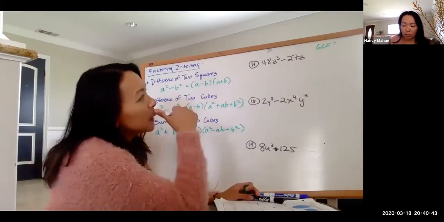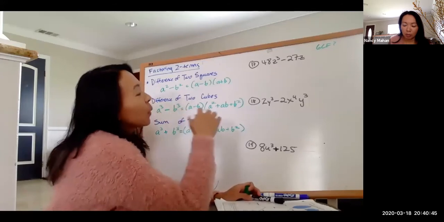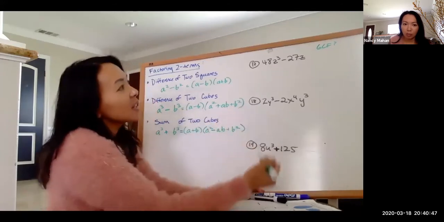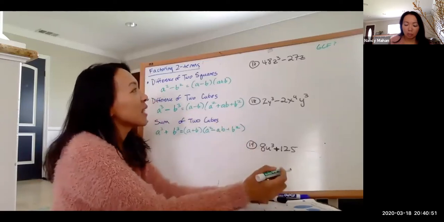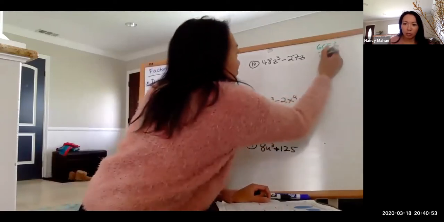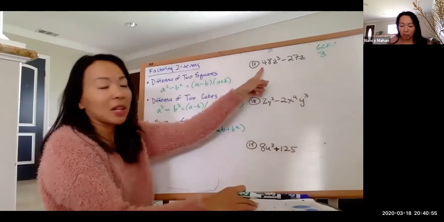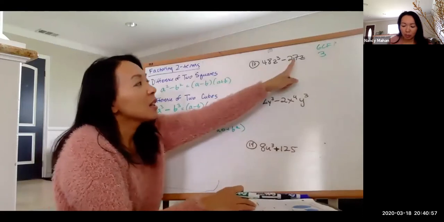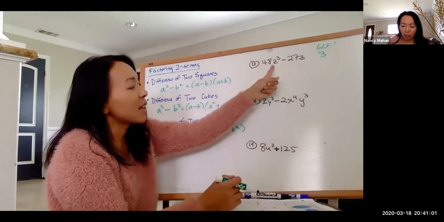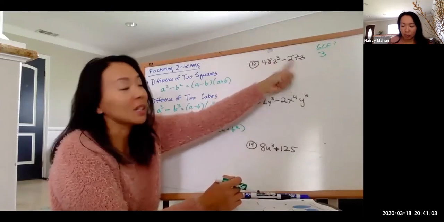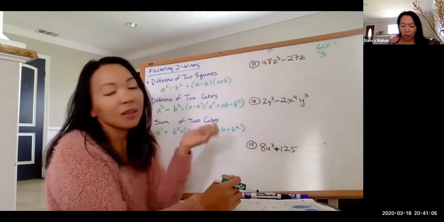Actually, I just thought of something. 48 and 27 do have a common GCF of the number 3. So yes, 3 is a GCF because 48 divides by 3 evenly, and 27 divides by 3 as well. Great. And then there's a z cubed and a z. They both have a z in common.